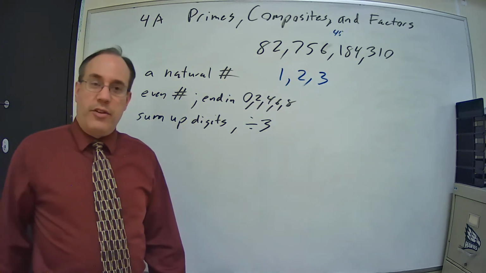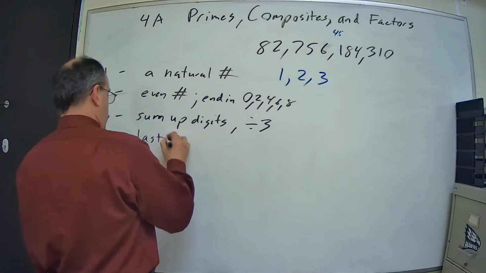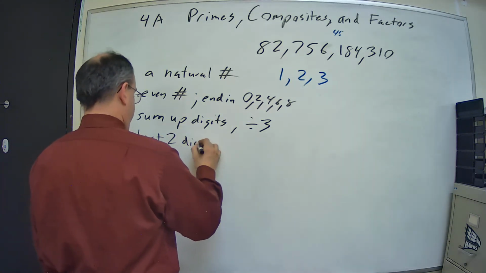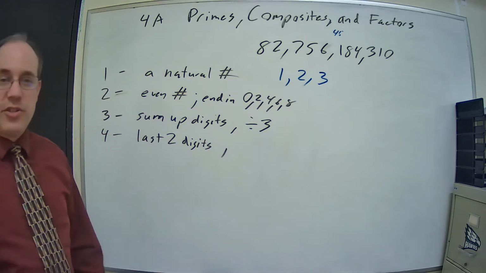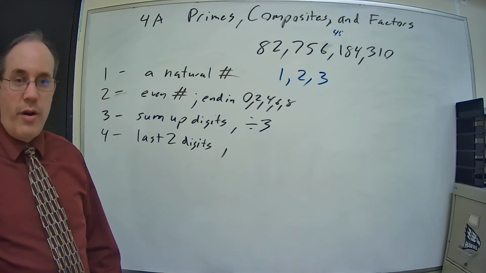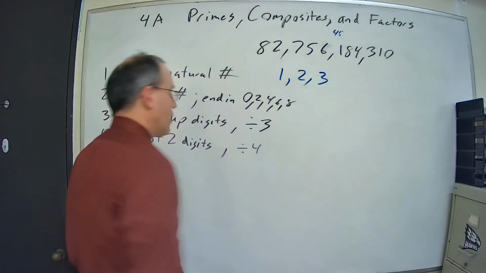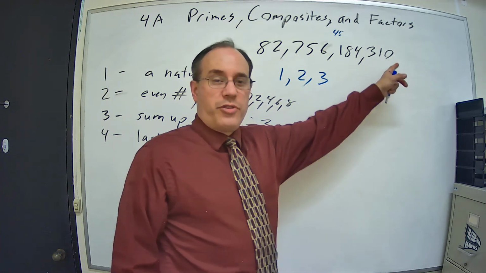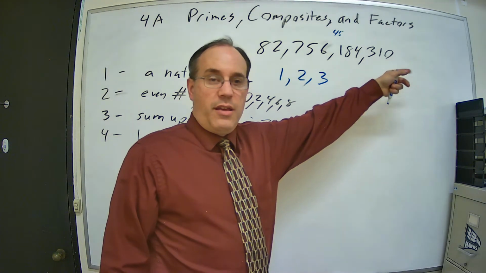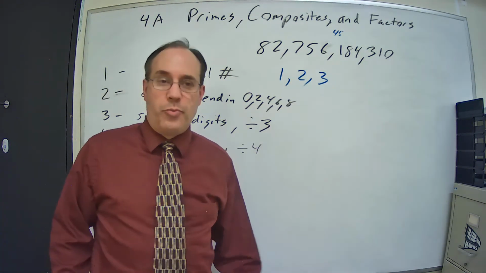What about 4? Well, 4's got a little trick too. For 4, you look at the last 2 digits. And if the last 2 digits are a number that's divisible by 4, then the number is divisible by 4. So in this case, the last 2 digits are 1, 0, so the number 10. 10 is not divisible by 4, so this number is not divisible by 4.